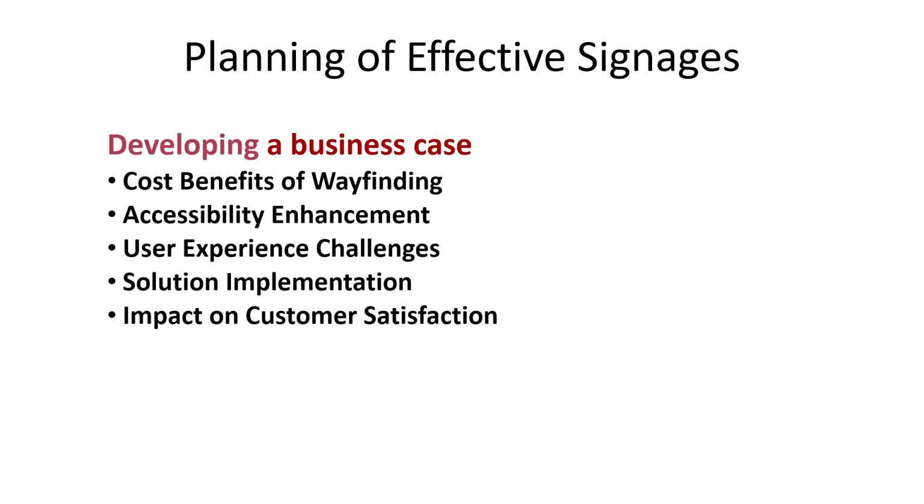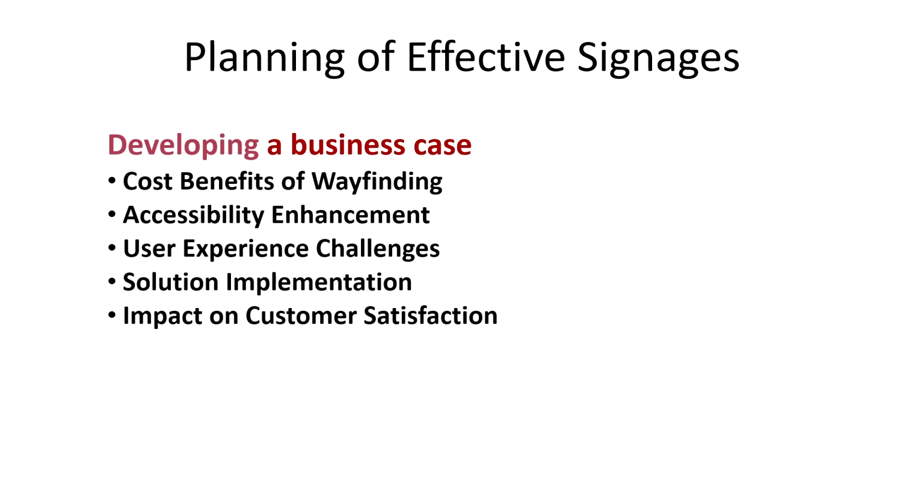Securing funding for large scale wayfinding projects can be difficult when presenting a business case for it. However, one can present a strong case by highlighting the significance of signages and wayfinding with the following important details to put in their business case.